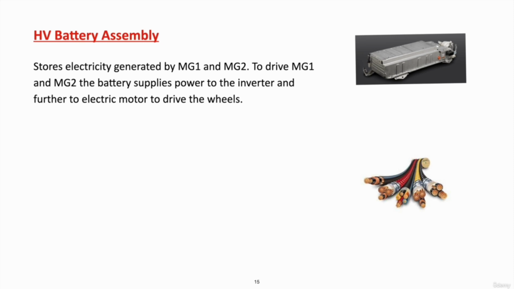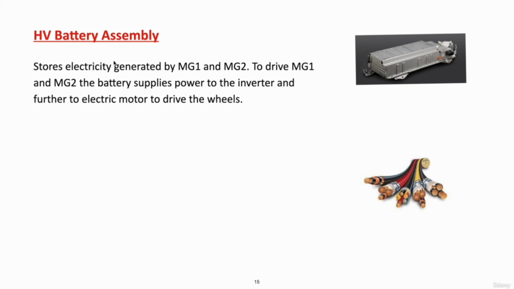HV battery assembly. This is the component which helps to store electricity generated by MG1 and MG2. MG1 is your generator and MG2 is your motor. To drive MG1 and MG2, the battery supplies power to the inverter and further to the electric motor to drive the wheels.